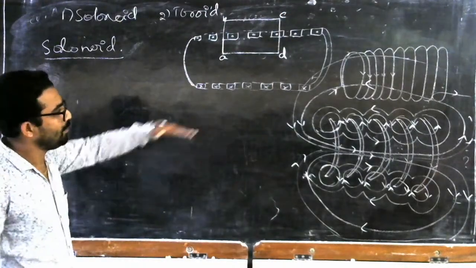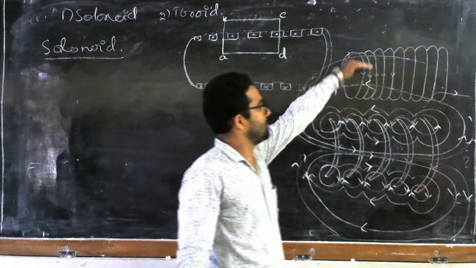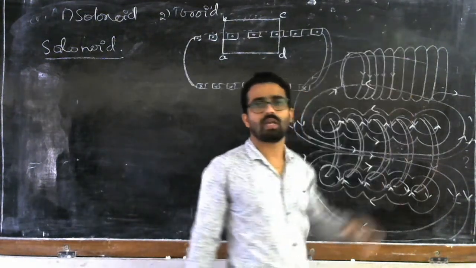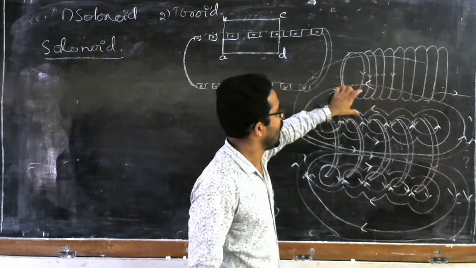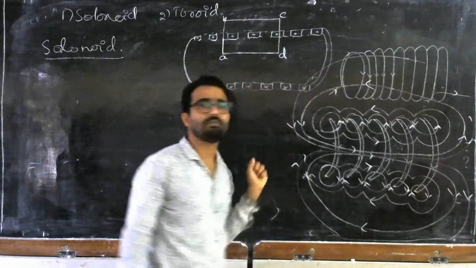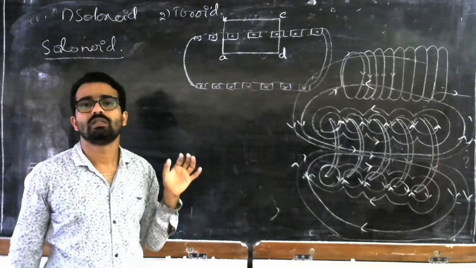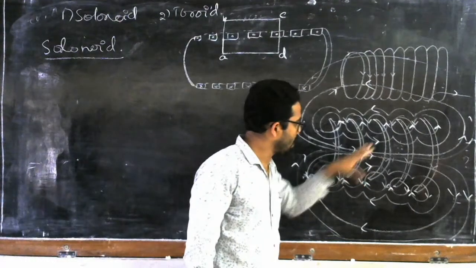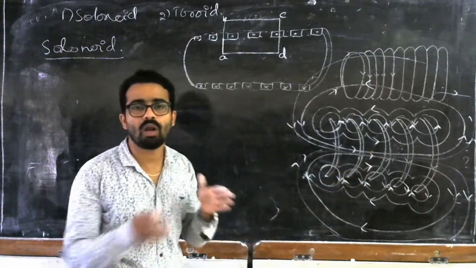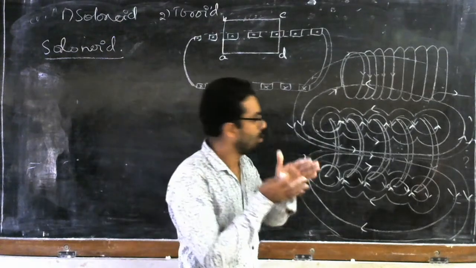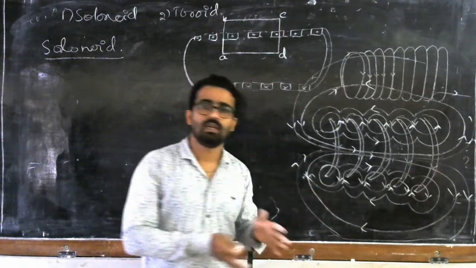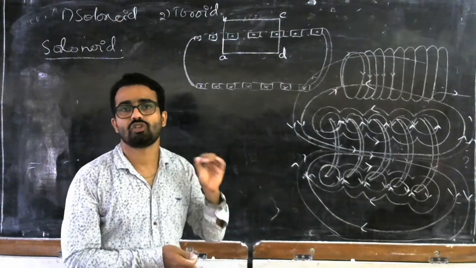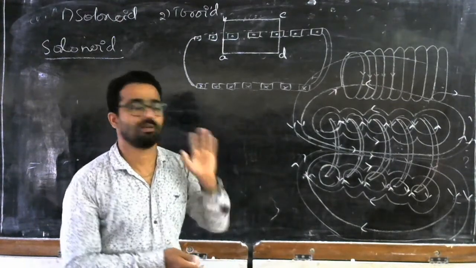I told you that when you move away from the conductor, the magnetic field is going to be zero. There is a large gap between the magnetic field lines, which indicates that the field strength is weak. And if there are crowded magnetic field lines, if more field lines are in one place, then you can say the magnetic field is very strong.